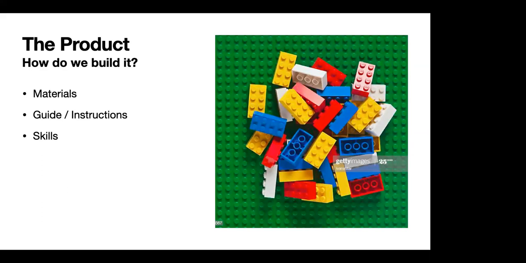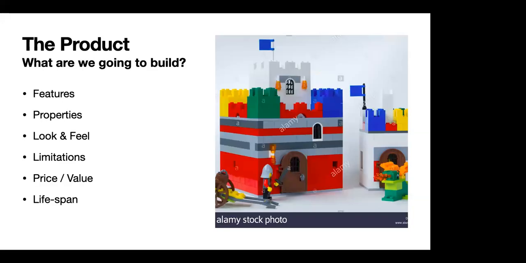So once we've understood what we are going to build, all this is on a high level, right? We need to understand the product on a high level, because the details will follow, and we will talk about that in another presentation. But the fact that we are building a castle with dragons, or a rice cooker or whatever, that particular thing we're going to build, we need to have an idea of.